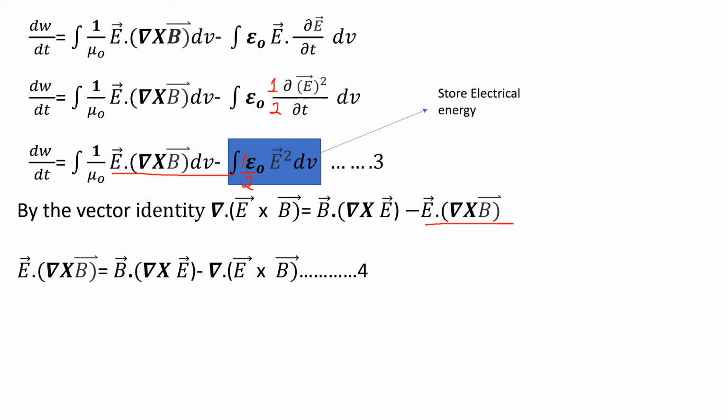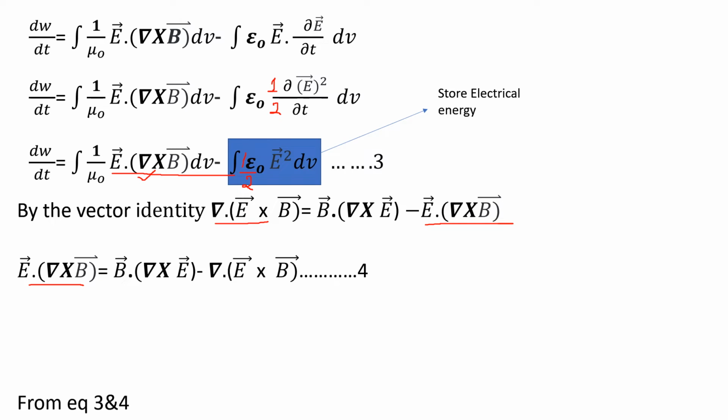So E dot del cross B becomes what? B dot del cross E, and we take this term to this side, so it's minus del dot E cross B. Now I'm going to substitute the value of E, this value here, in equation number 3.